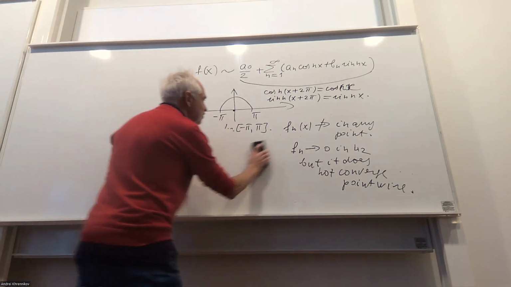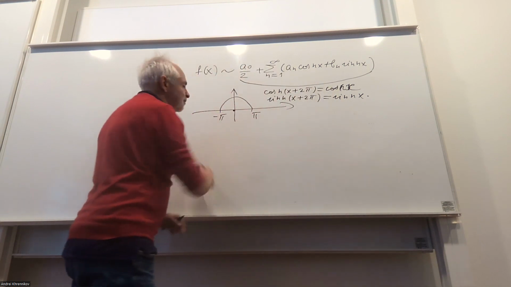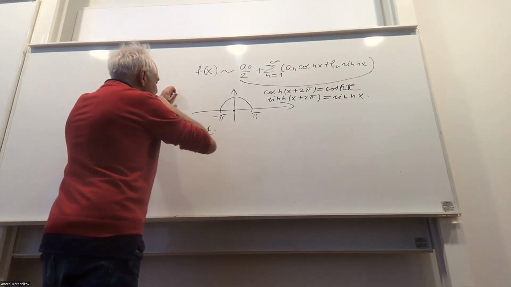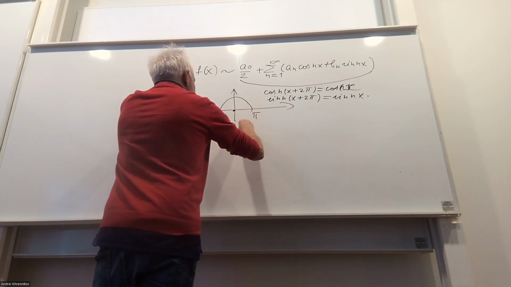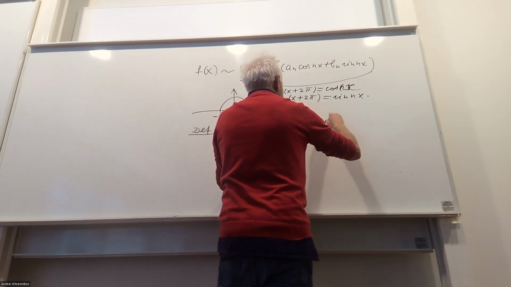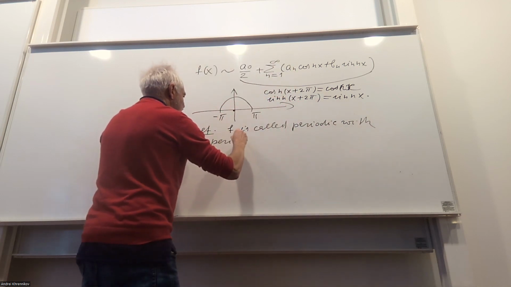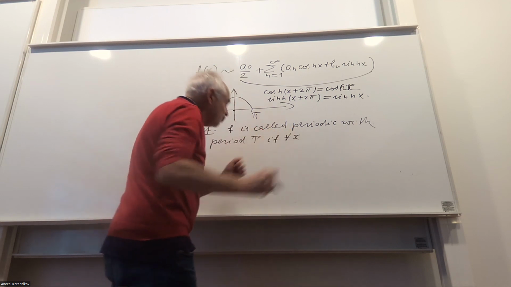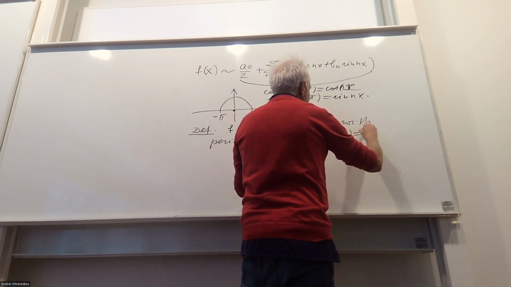Therefore, let us give a definition. F is called periodic with period T if for any x, shifting by T does not change anything: f(x plus T) is equal to f(x).